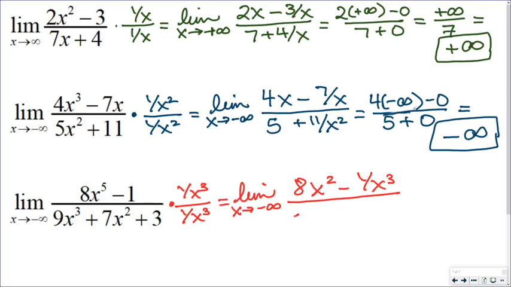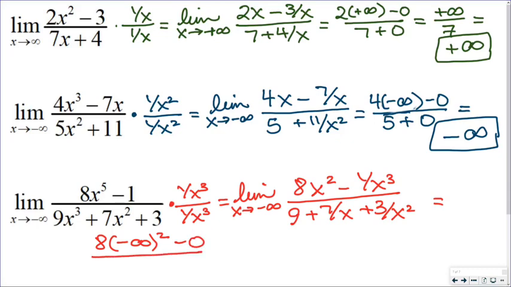And then I have 9 plus 7 over x plus 3 over x squared. So now when I plug in, I'm going to get 8 times negative infinity squared minus 0 over 9 plus 0 plus 0.